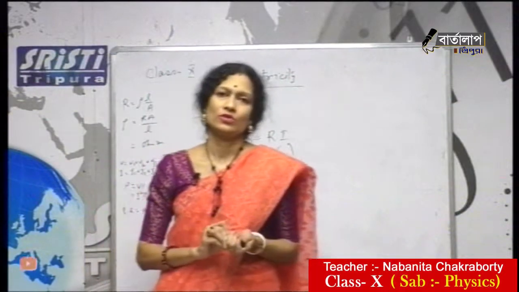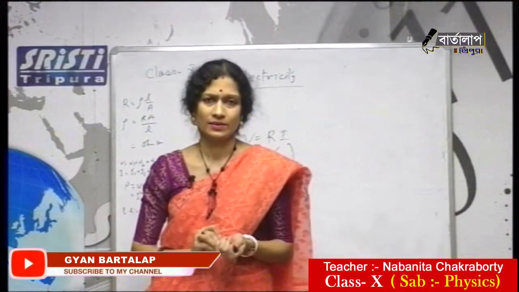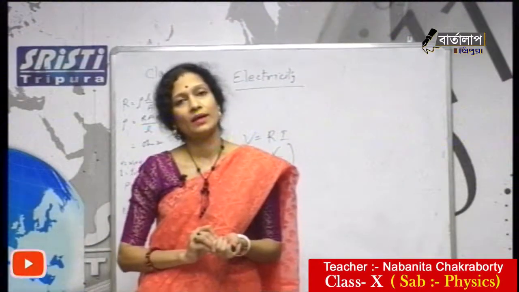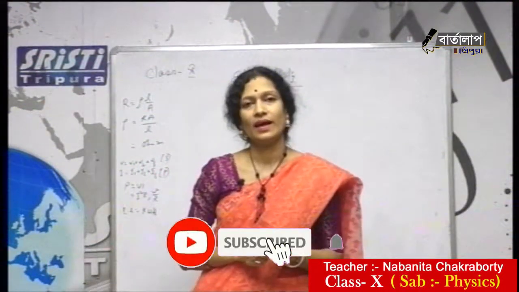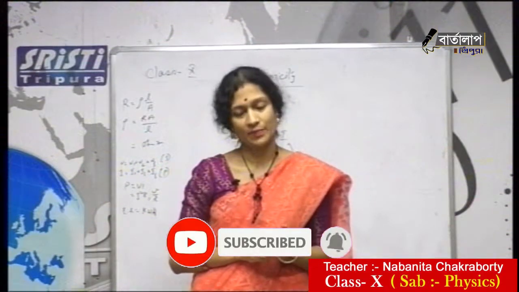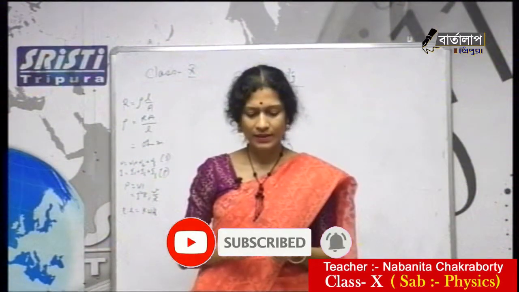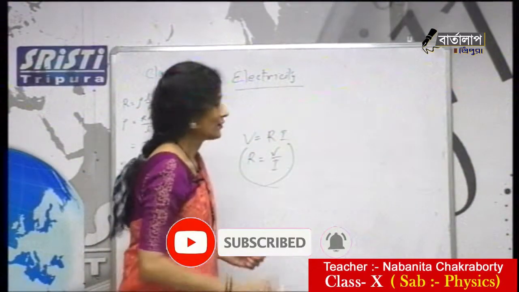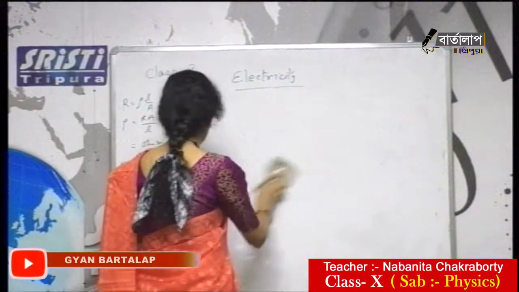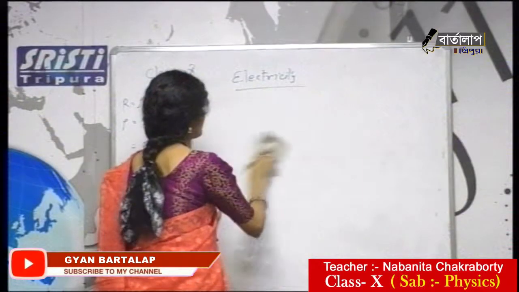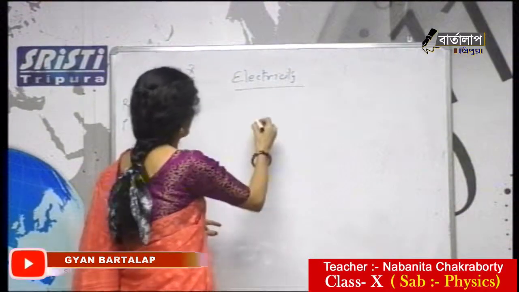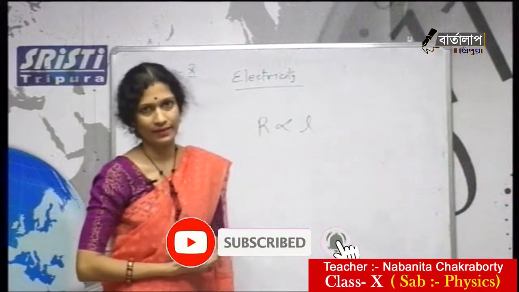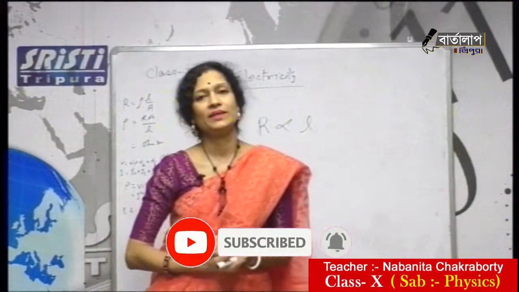Actually, R depends on various things: the length and cross-sectional area. It also depends on the nature of the material and on temperature. Now, in case of length, what happens? If you write R proportional to L, what does it mean?